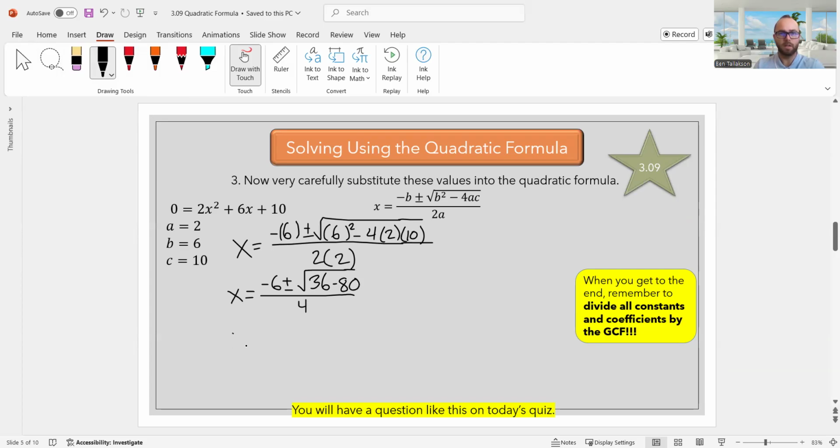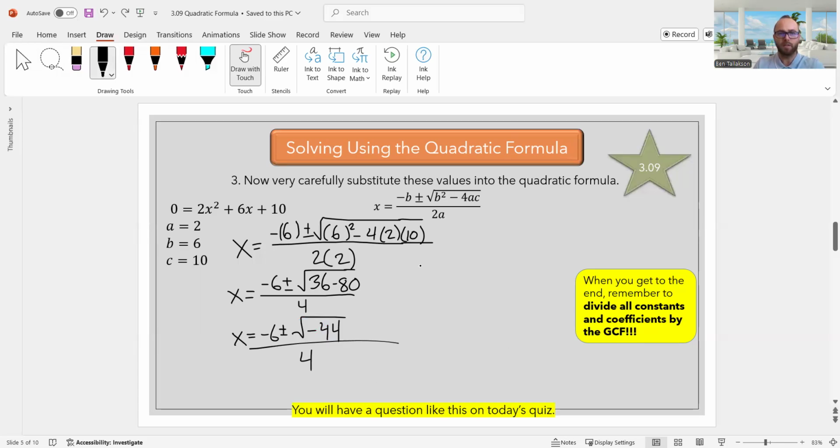So we're going to get a negative number in there. Square root of negative, let's see, 44. What this shows us is we're going to get imaginary numbers because we have the square root of a negative number.